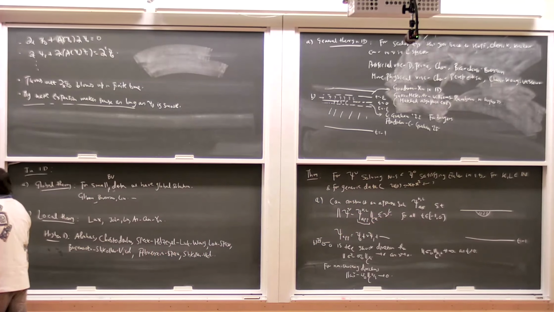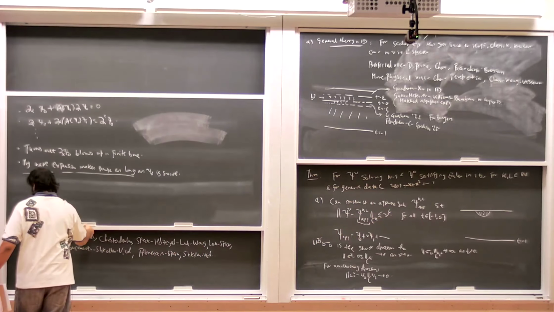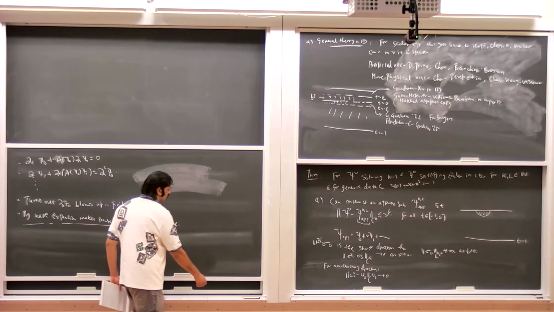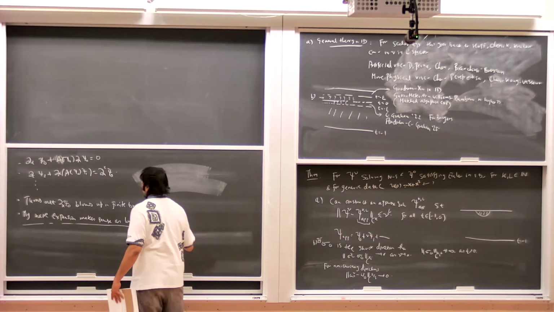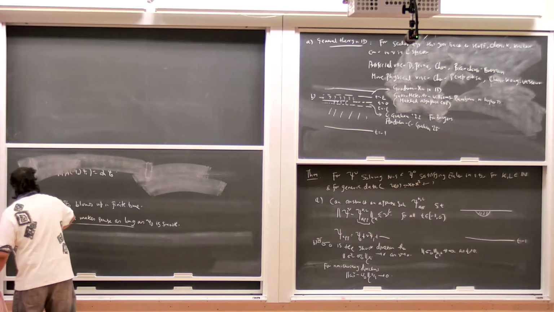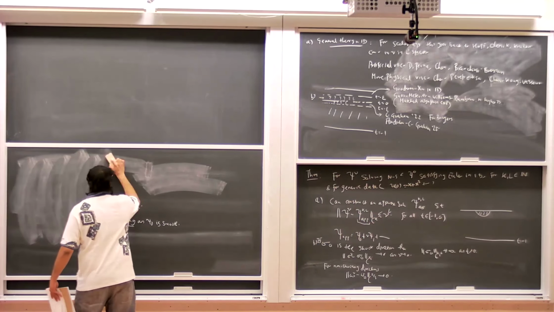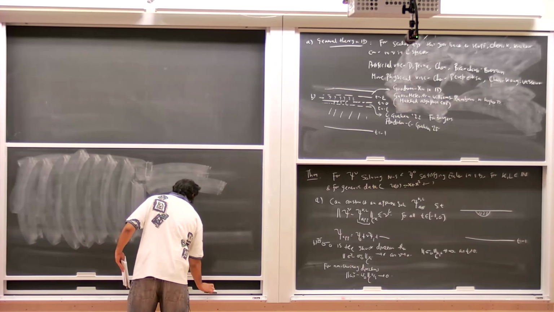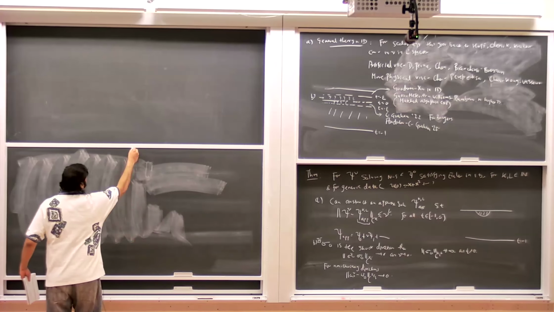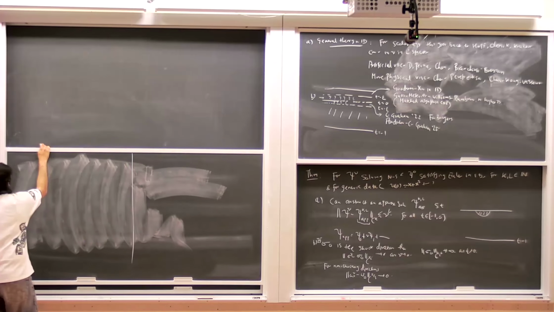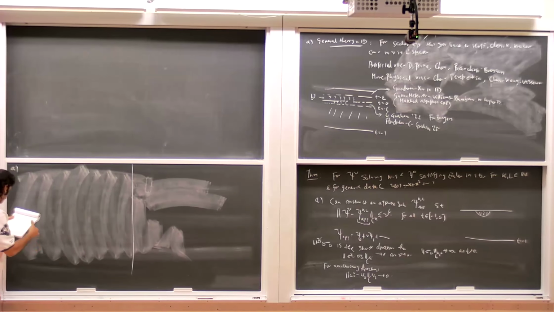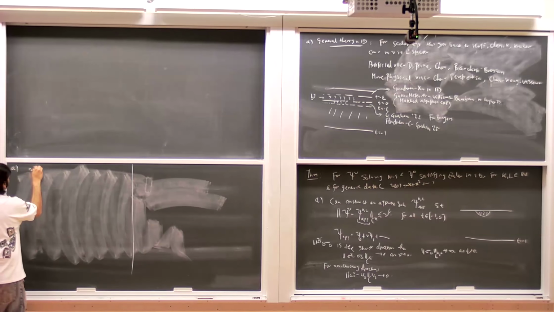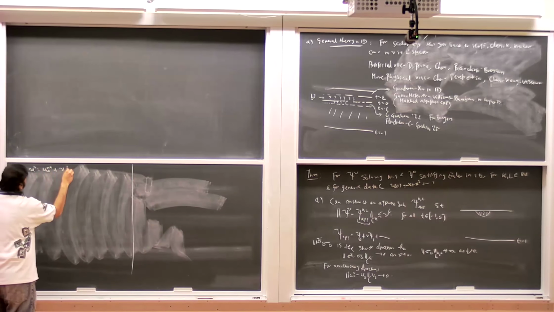Okay, so let me start with part A, which is the easiest to show, the outer expansion. For u nu, I do this as we did before.